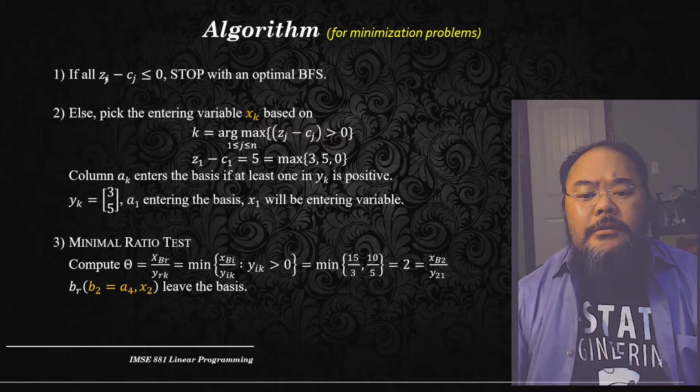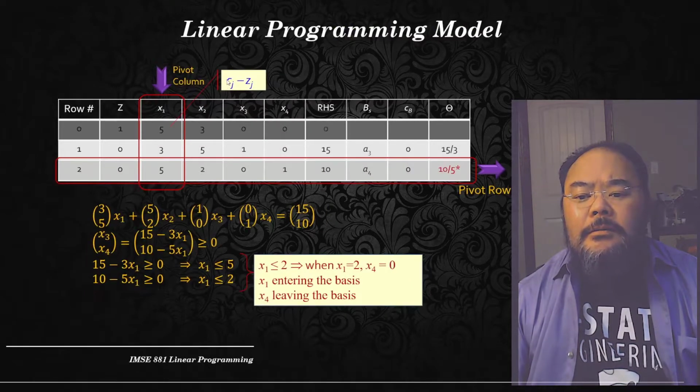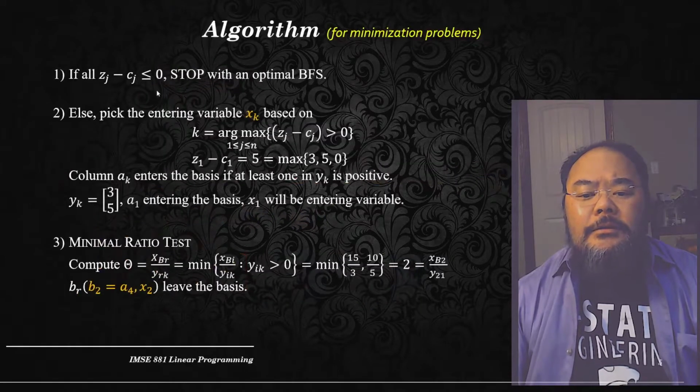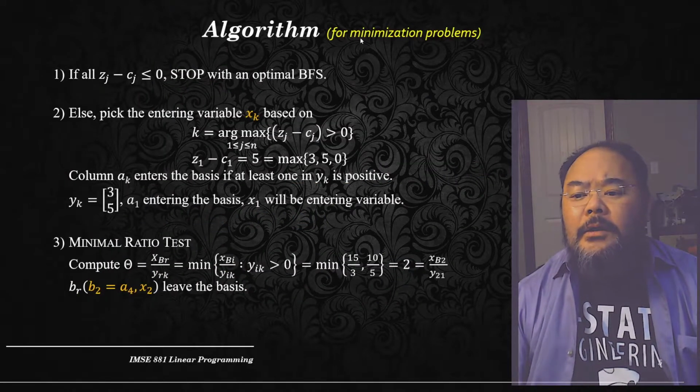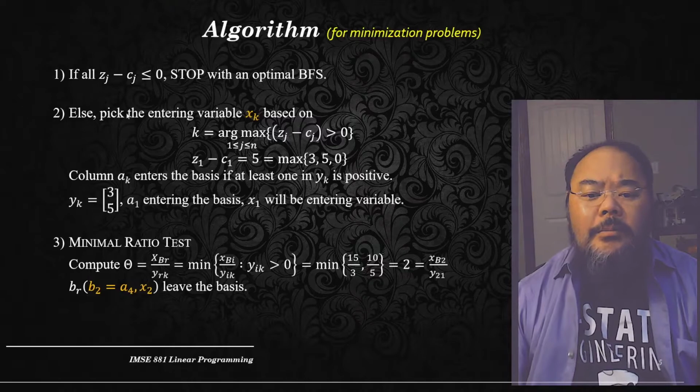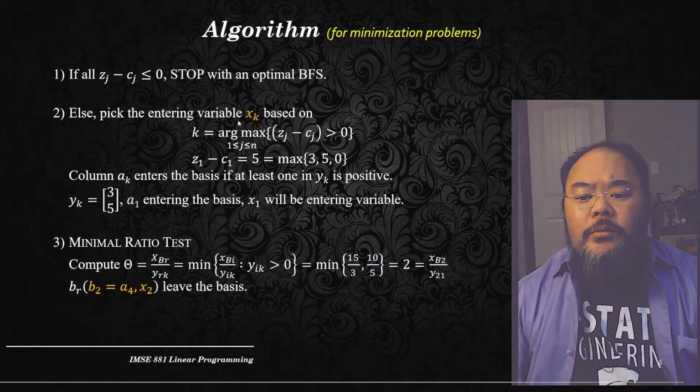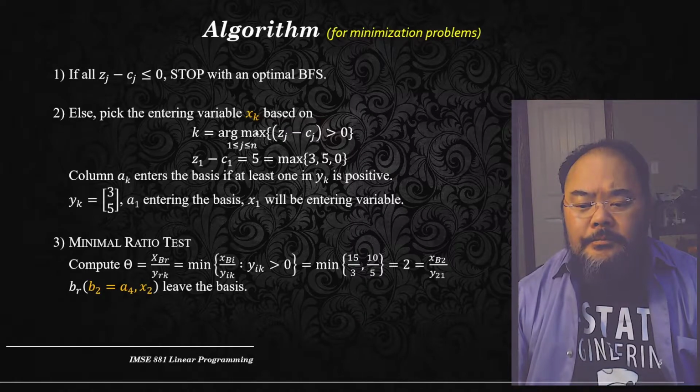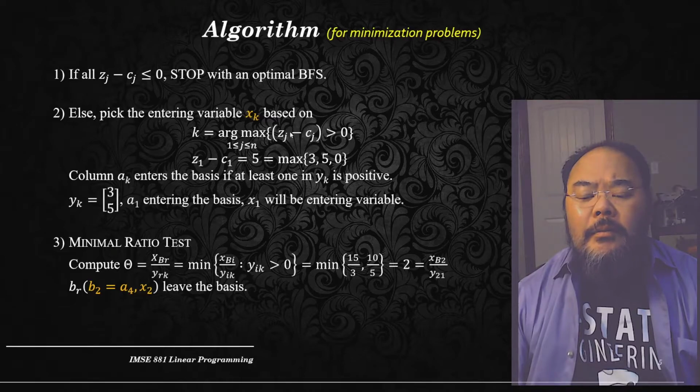In the pivot rule, for a minimization problem, if zj minus cj is less than or equal to 0 for all j, then stop. Or else pick an entering variable xk based on zj minus cj greater than 0 and the largest one.